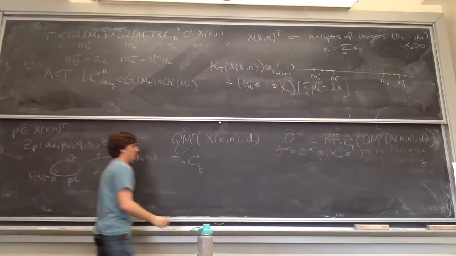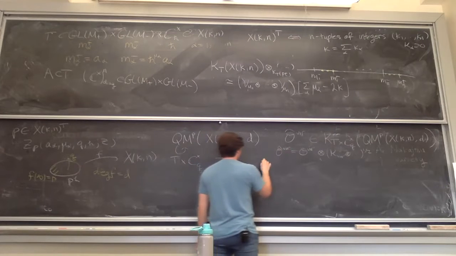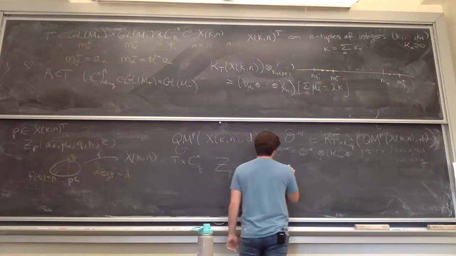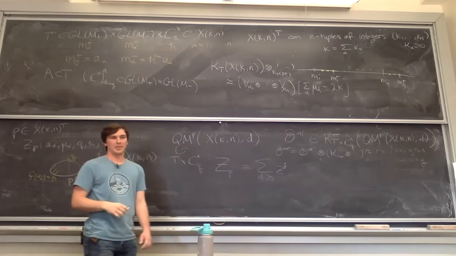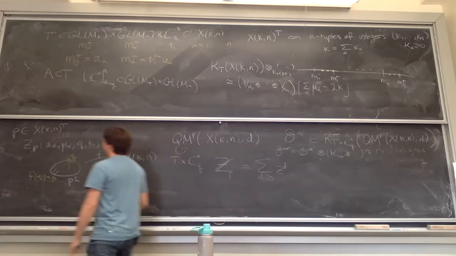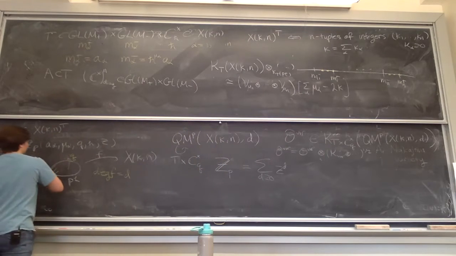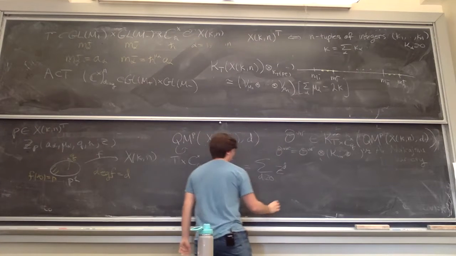Okay, and then your partition function is now a sum over all degrees. Little z is a degree counting parameter. It's a FI parameter in physics language.